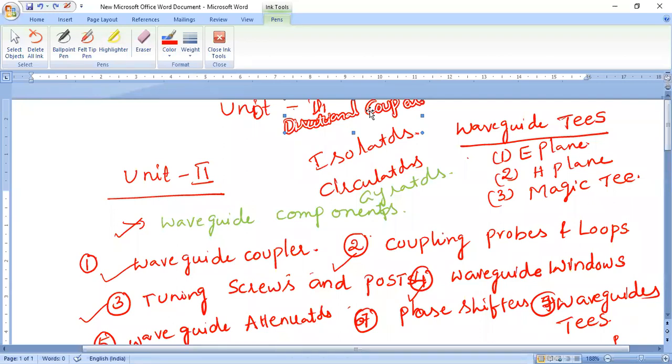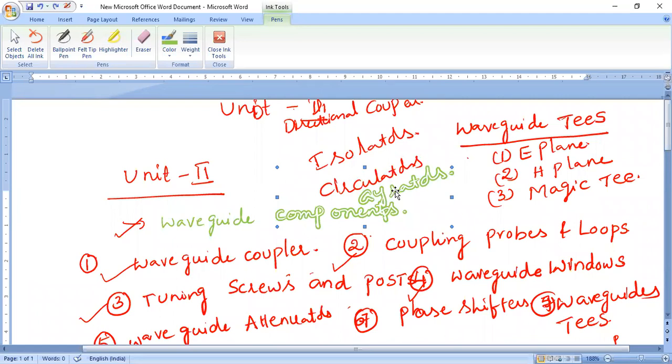In the waveguide setup, that means a test bench setup, you will observe some of these components. Circulator, isolator, gyrators. Isolators and waveguide attenuators you might have seen in the waveguide test bench setup. Yes or no? So gyrators are also important.